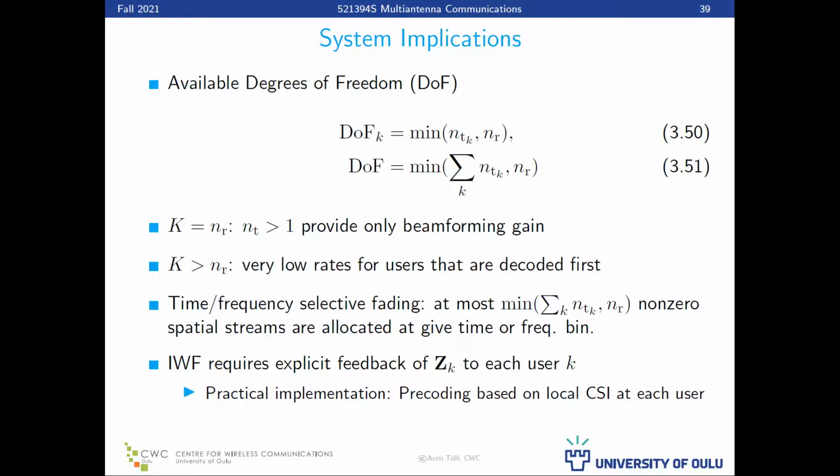Okay. If you have frequency selective fading, so let's say OFDM, then you have more degrees of freedom in how to allocate the power across both space and frequency. So in this scenario, especially in the low SNR, it might be that some users are not served at all in some subcarriers, right?